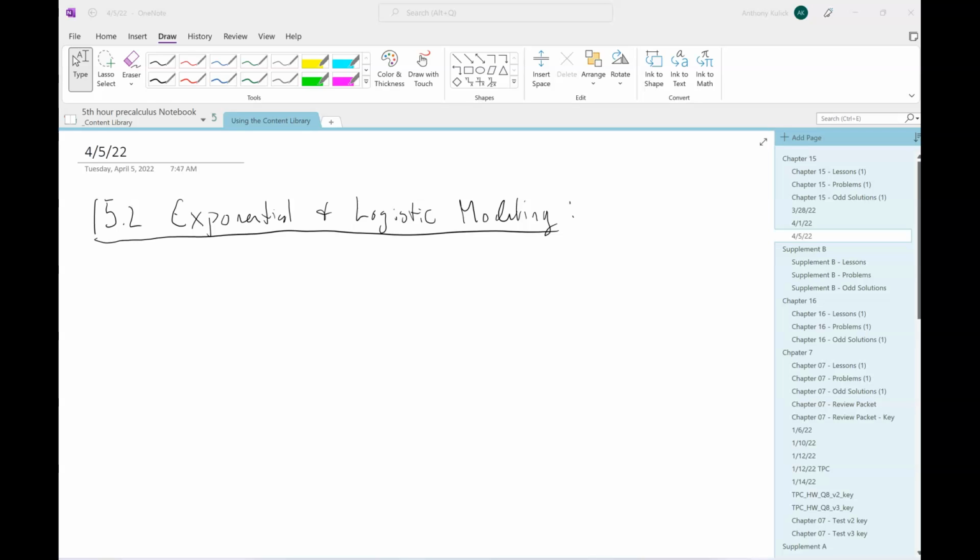We're mostly going to be looking at some specific models and formulas and solving some story problems involving those things. So it's nothing crazy. The first situation we're going to look at is the exponential population model.